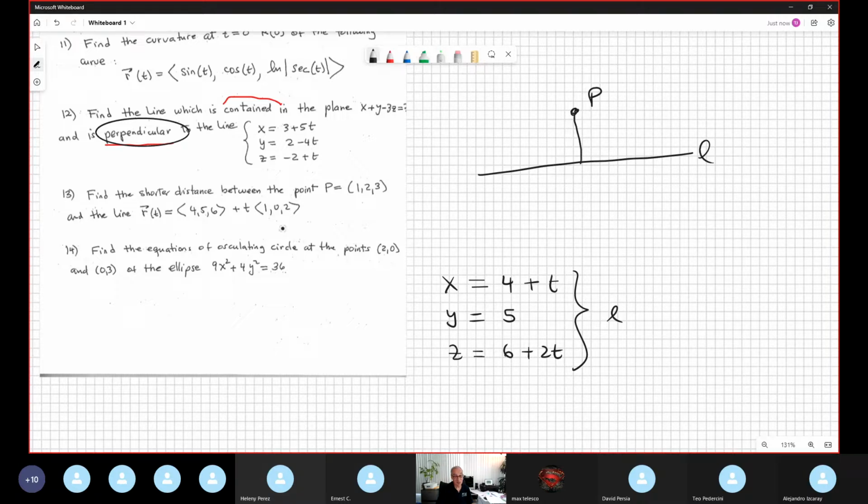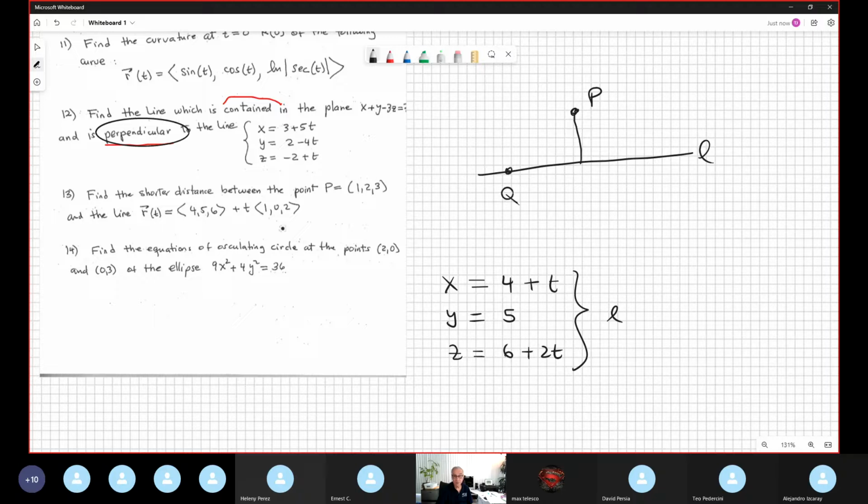Shortest distance. There are many ways. I explained the slider way, I explained projection, I explained the plane. But in my opinion, projection is better, right? So you declare, for example, one point on the line here.